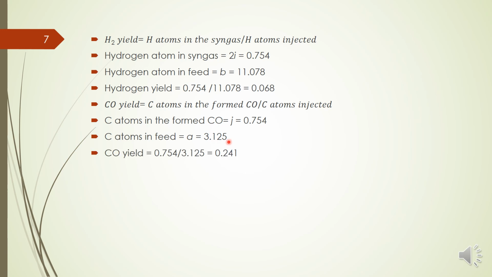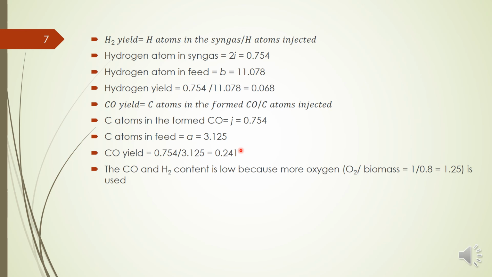So this carbon monoxide yield is 0.754 divided by 3.125, that is 0.241. So we have found out the hydrogen yield and carbon monoxide yield. Hydrogen yield is hydrogen atom in syngas divided by hydrogen atom in biomass. Similarly, carbon monoxide yield is carbon atom in the CO over carbon atom in the biomass.